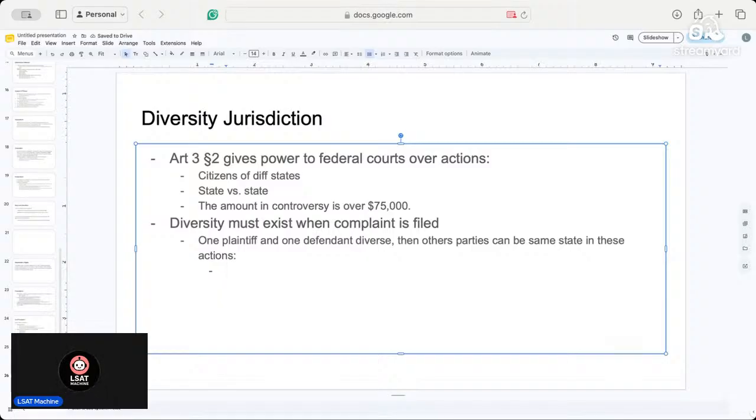So while diversity jurisdiction in federal courts typically requires the plaintiff and defendant to be from different states, if you have more than one plaintiff, it's okay if some of the plaintiffs are from the same state as the defendant. Just one plaintiff needs to be from a different state than a defendant.